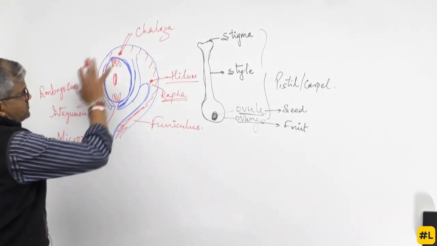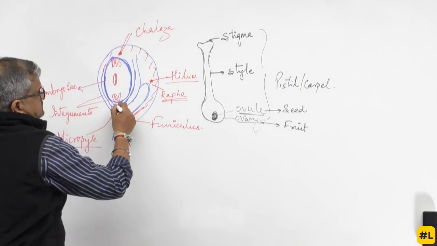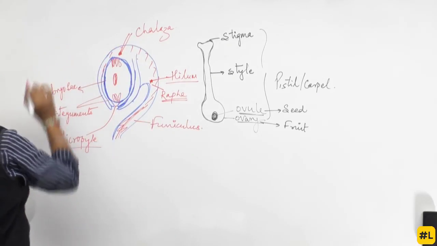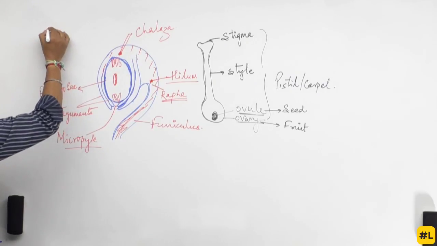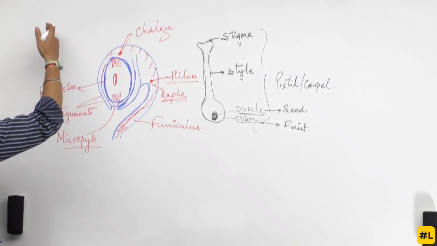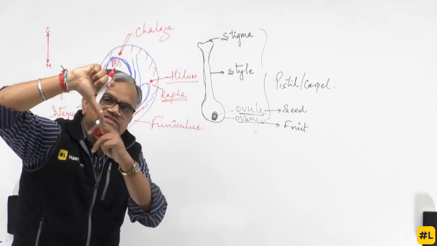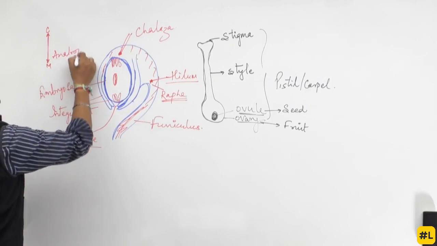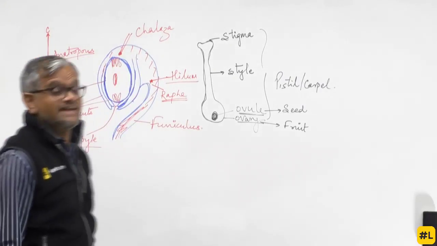Now, if you see this structure, here I have made the micropyle close to the funiculus. This is the micropyle, this is the chalaza. When the chalaza is opposite to the micropyle, or the micropyle is toward the south end, this is called an anatropous ovule, and most books explain anatropous, also called atropous.